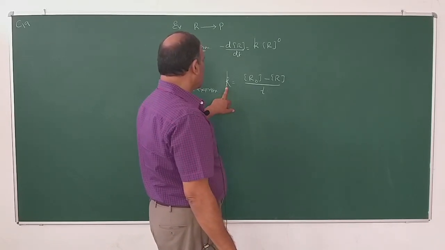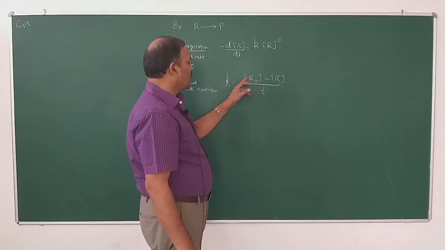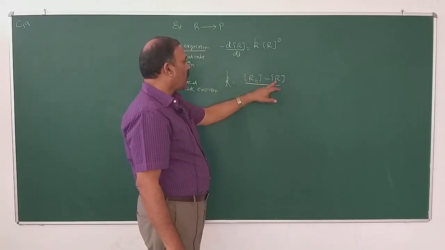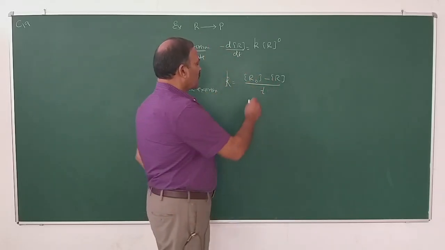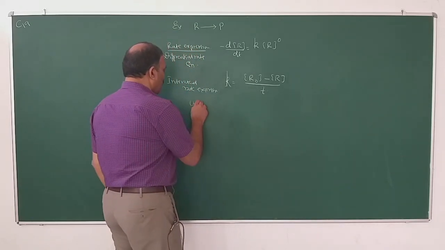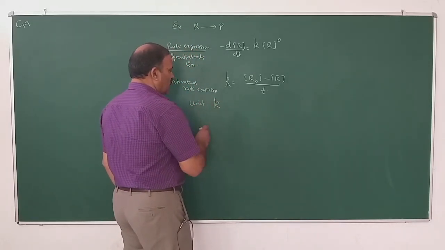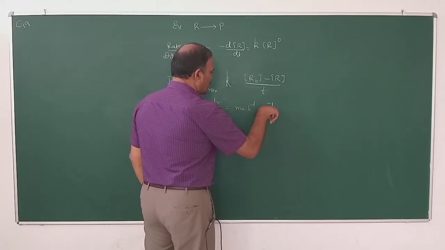Here K is the rate constant, [R]0 is the initial concentration of the reactant R, and [R] is the concentration of the reactant at any time t. The unit of the zero order rate constant is mol L^-1 s^-1.